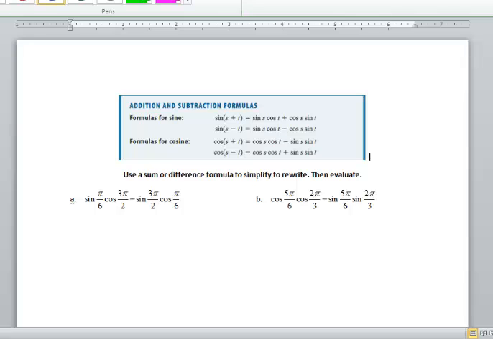All right, so what I'm going to try to do is fit this, sine of pi over 6 cosine 3 pi over 2 minus sine of 3 pi over 2 cosine pi over 6, into one of these forms.